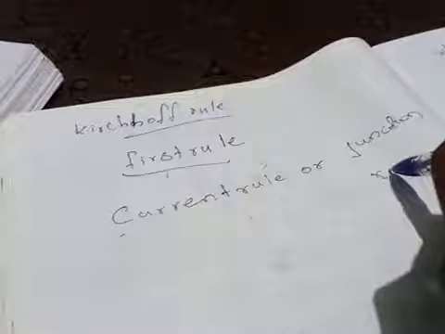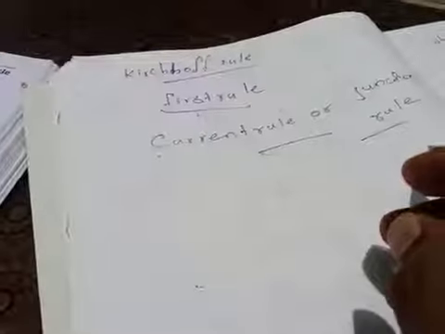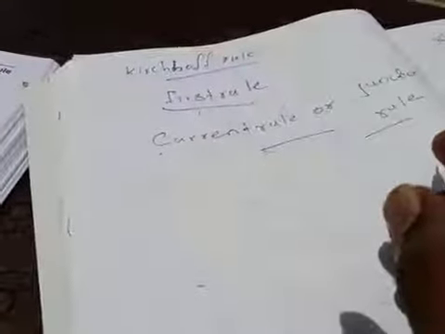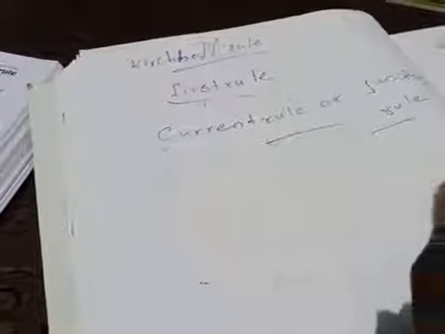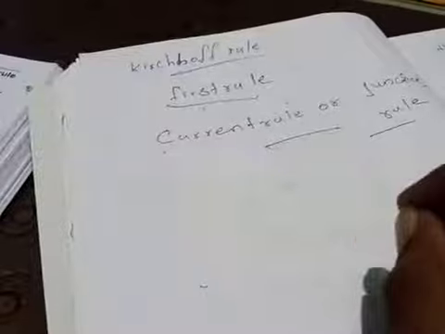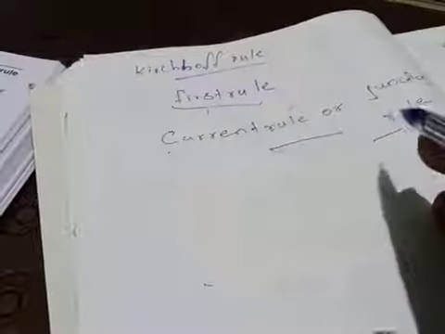Both you can use, current rule or junction rule. Assume that we know that for current moving in a circuit, the electron direction is from negative to positive. Electron flow is from where? Negative to positive, and conventional current direction is from positive to negative.